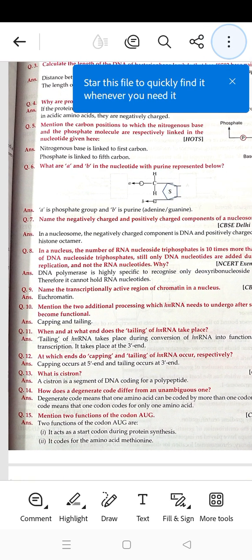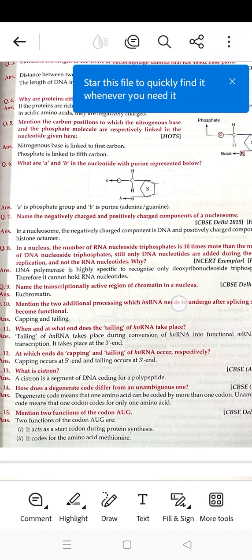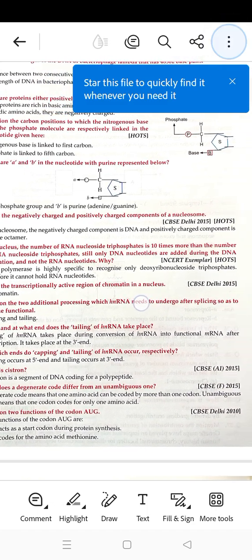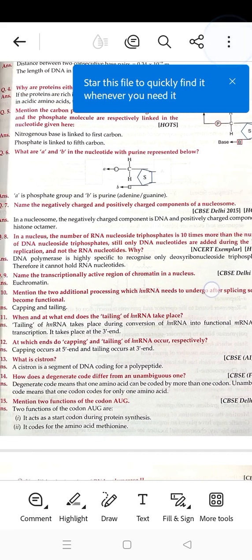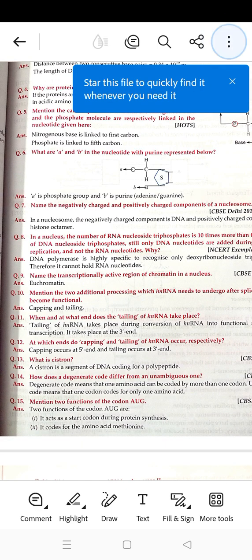Now next question is 8. In a cell, the number of RNA nucleoside triphosphates is 10 times more than the number of DNA nucleoside triphosphates. Still, only DNA nucleotides are added during DNA replication and not the RNA nucleotides.